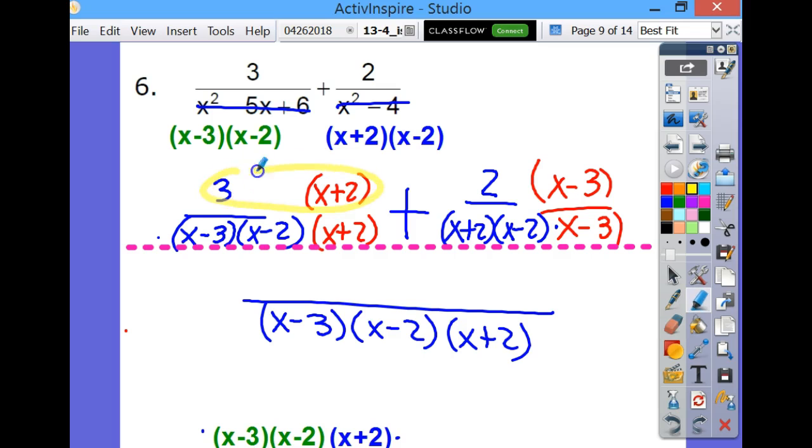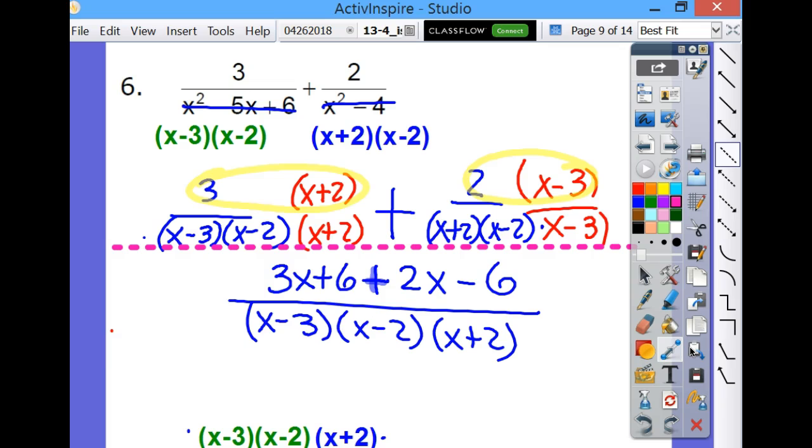I need to multiply, I need to distribute. 3x plus 6. And I need to distribute. 2x minus 6.